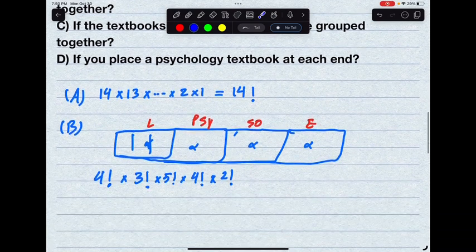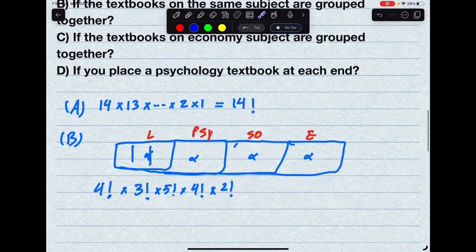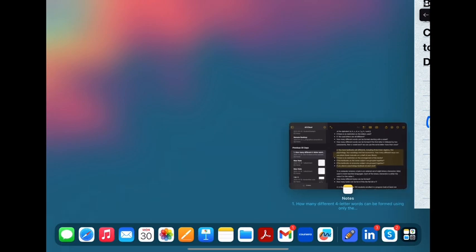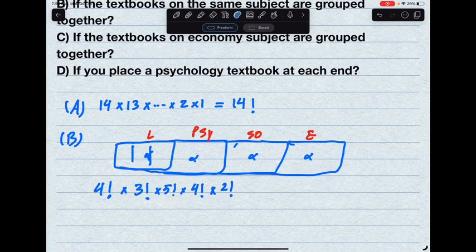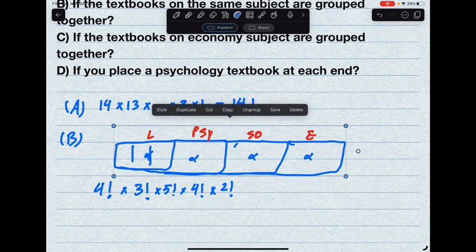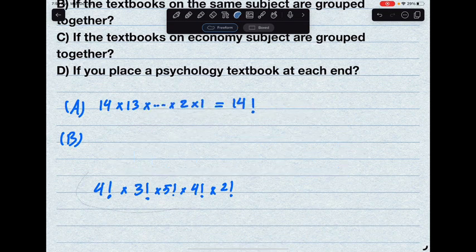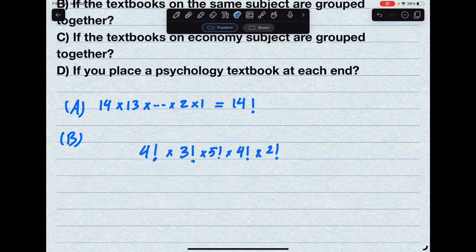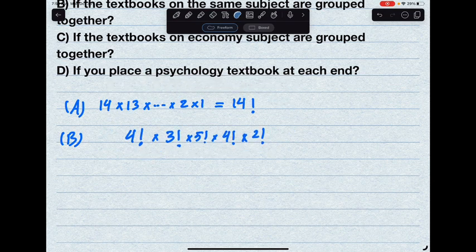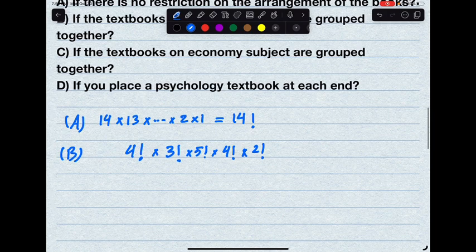How can we solve part C? Here, in total, we have 14 books in 4 subjects.